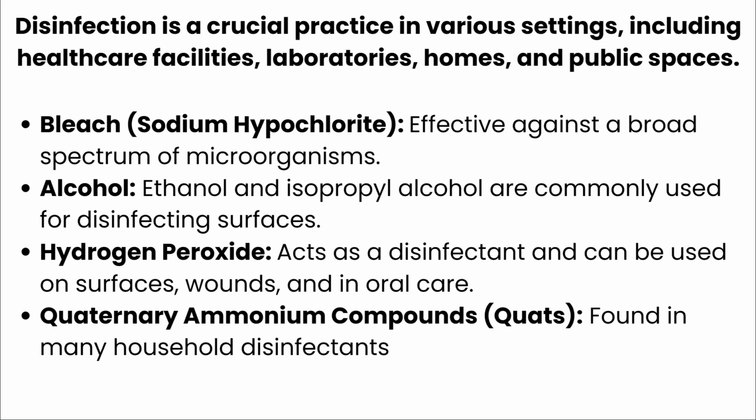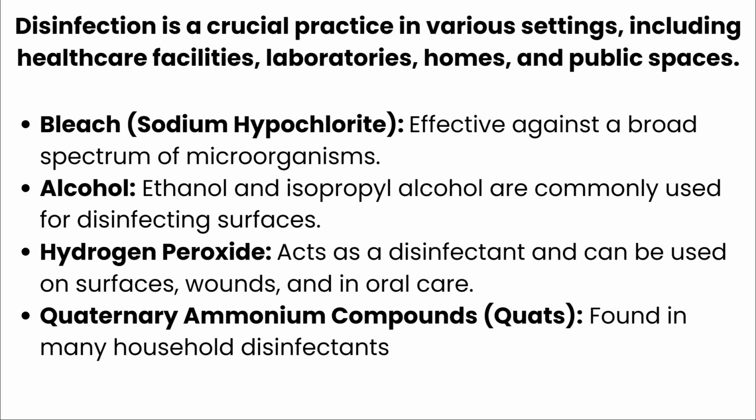For example, bleach, sodium hypochlorite, is effective against a broad spectrum of microorganisms. Similarly, ethanol. Ethanol and isopropyl alcohol are commonly used for disinfecting surfaces. And recently, due to COVID-19, we were practicing the use of alcohol in order to wipe our hands and surfaces.